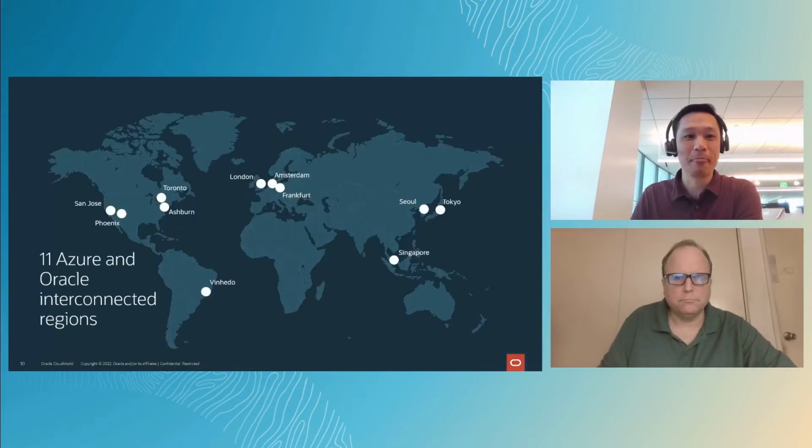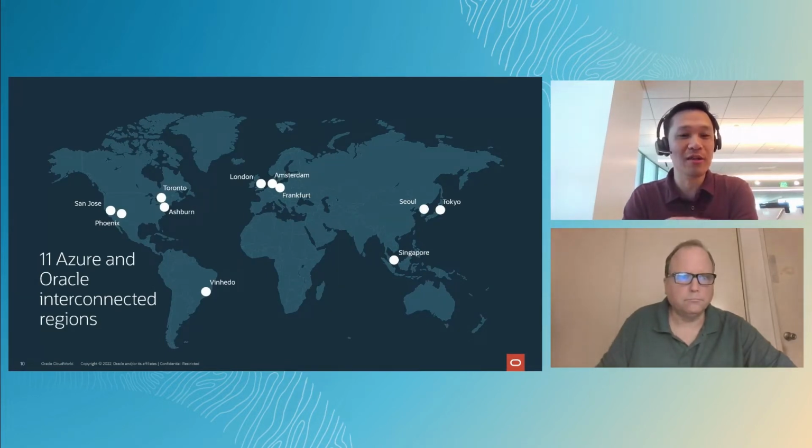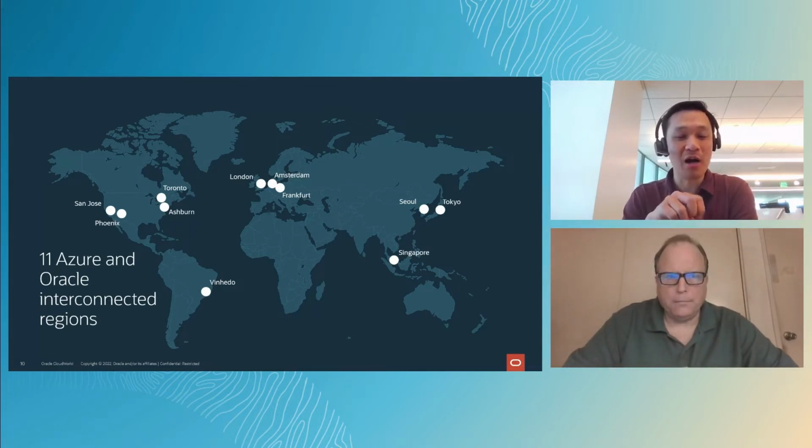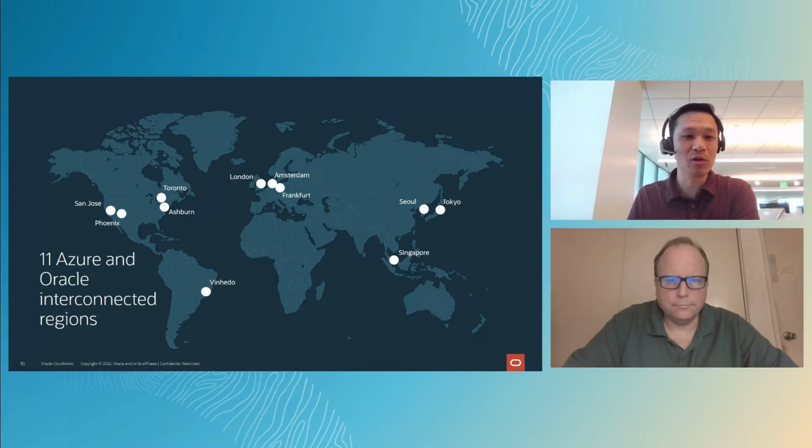And the places we think will be most common to use this will be where Oracle and Microsoft have interconnected regions. So in these 11 locations around the world, you'll have an Oracle data center and an Azure data center.